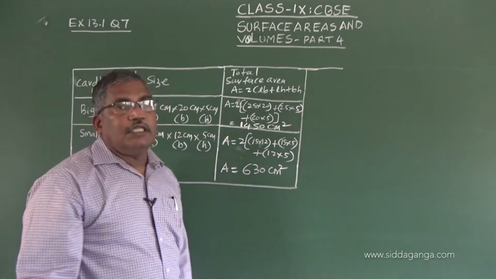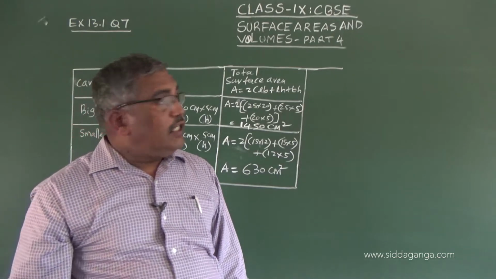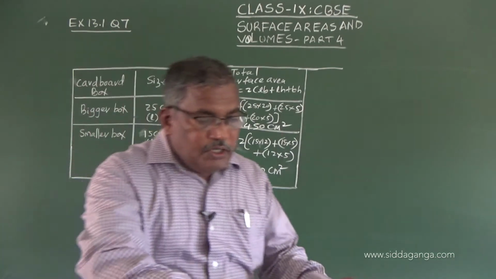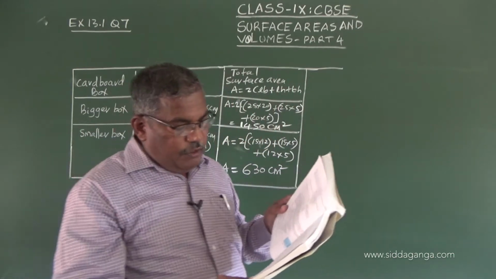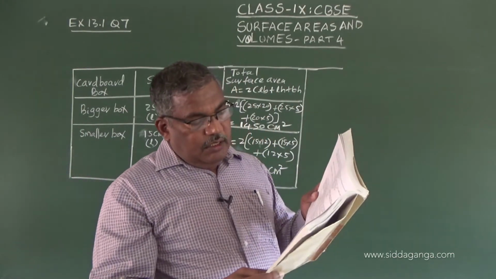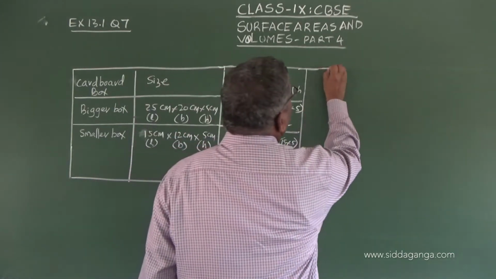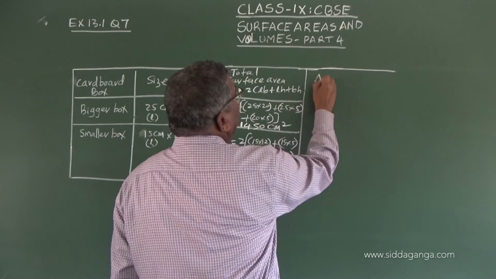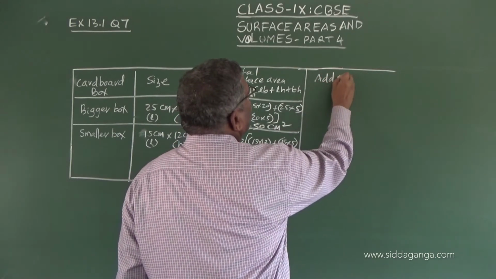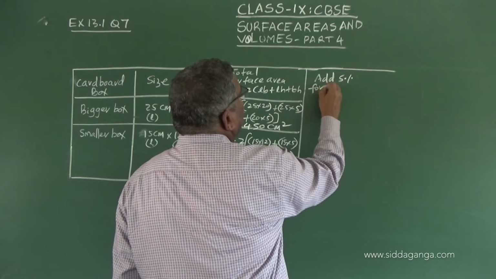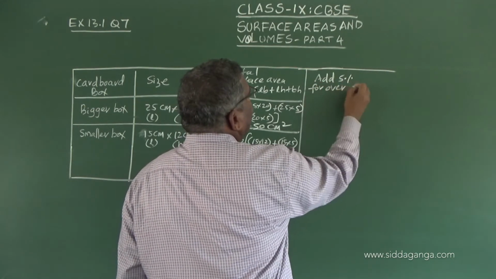Now we got the total surface area. In the question it is told to add 5% for overlapping. So I will take up here, add 5% for overlapping.